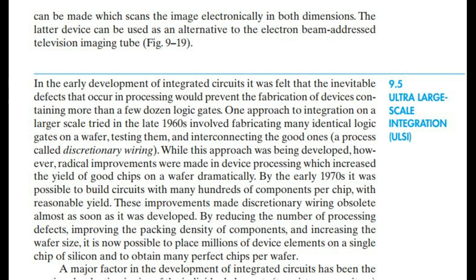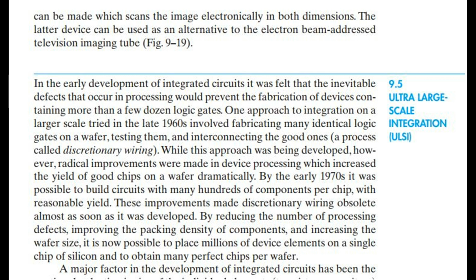While this approach was being developed, however, radical improvements were made in device processing which increased the yield of good chips on a wafer dramatically. By the early 1970s it was possible to build circuits with many hundreds of components per chip, with reasonable yield. These improvements made discretionary wiring obsolete almost as soon as it was developed.